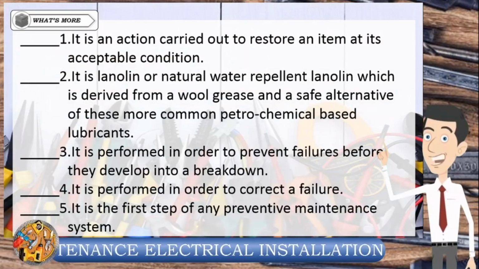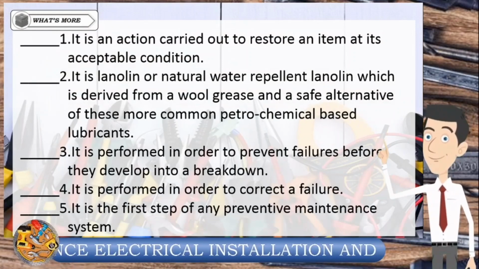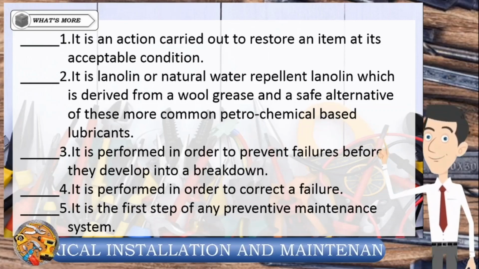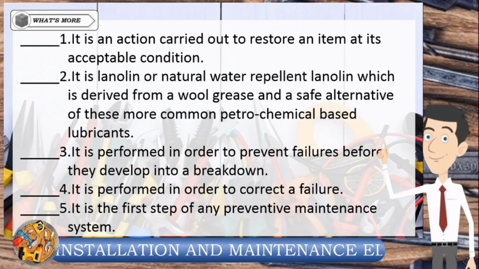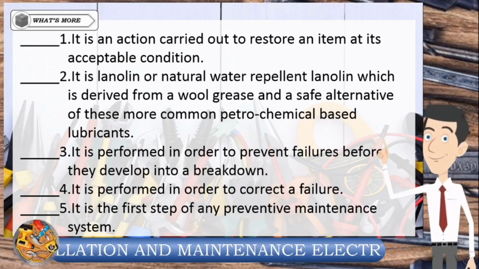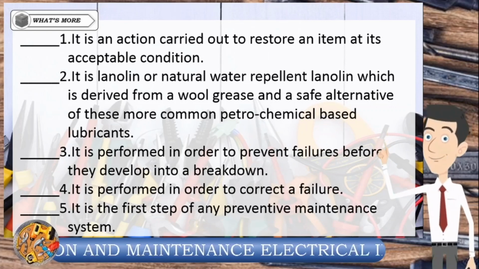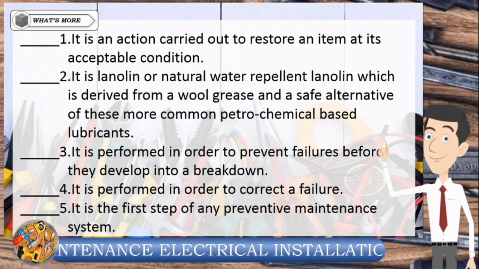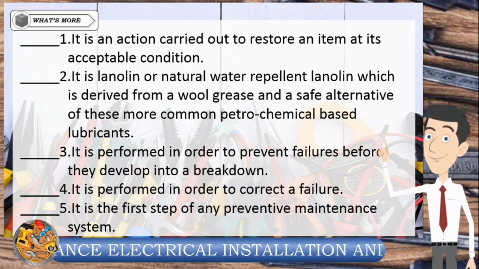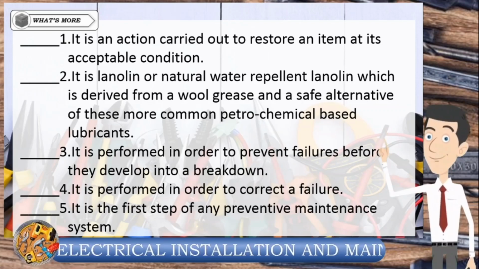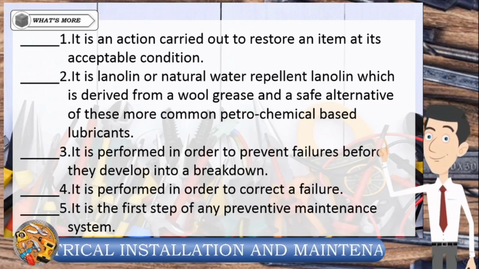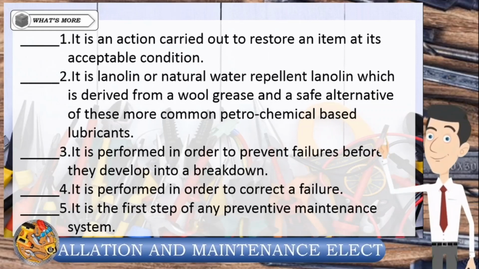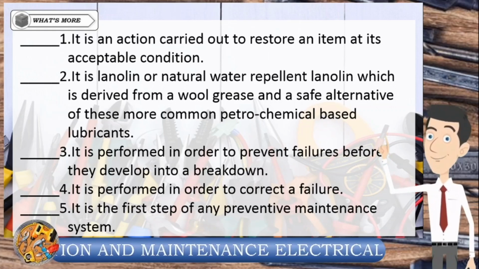We have 5 questions. For number 1, it is an action carried out to restore an item to its capable condition. For number 2, it is lanolin or natural water repellent, lanolin, which is derived from wool grease and is a safe alternative to the more common petrochemical based lubricant. Number 3, it is performed in order to prevent failure before they develop into a breakdown.